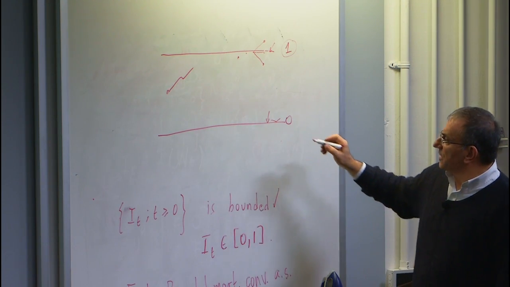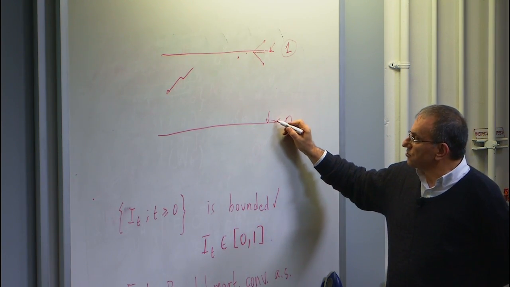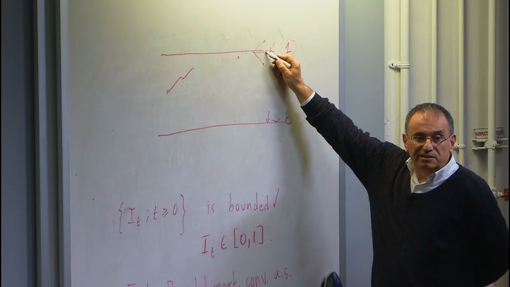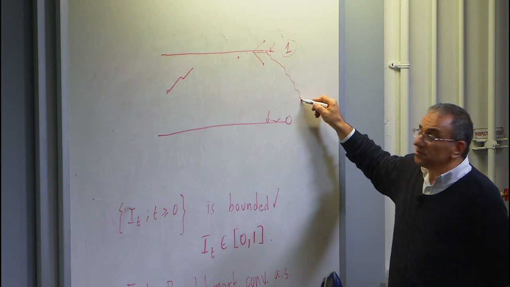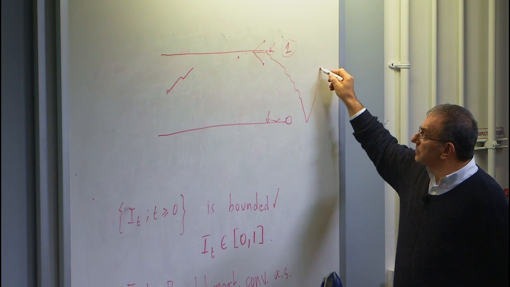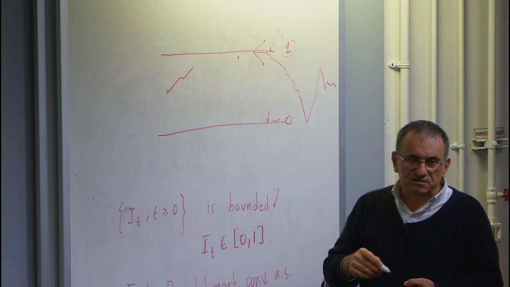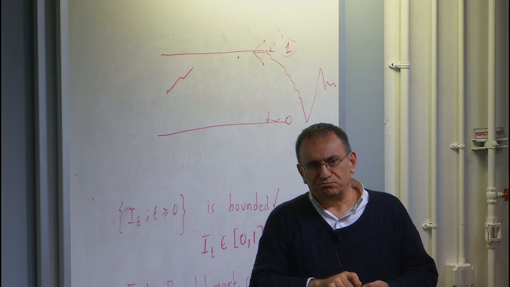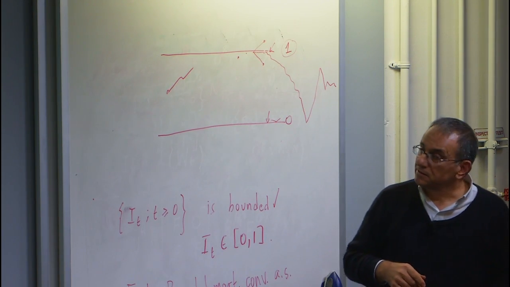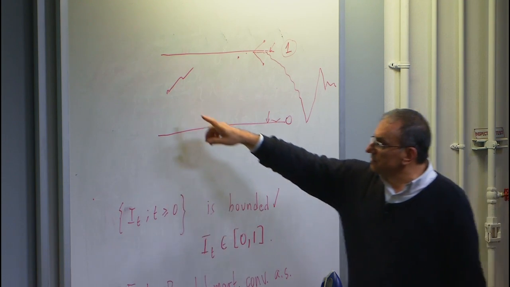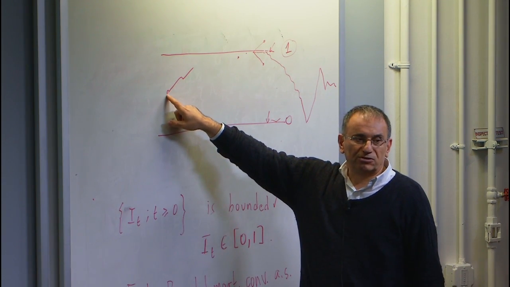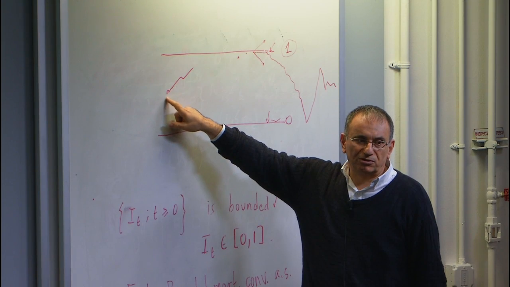Some of it will escape. Obviously a certain fraction will escape. They will come back down and maybe move in the middle. So that's why the process is not so simple, and to a certain extent, it will depend on the location of the origin, the original point.